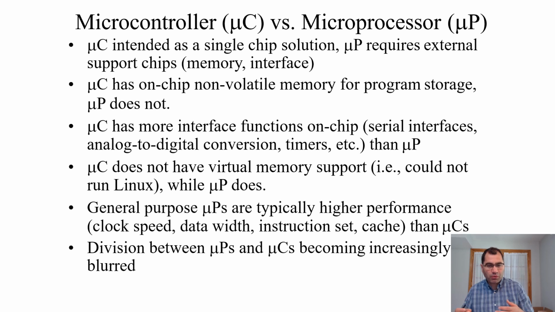Nowadays we have 32-bit microcontrollers, and maybe even more, I'm not aware of. Maybe they have 64-bit microcontrollers. We have 32-bit microcontrollers, and they are very, very fast. So there are still differences, but those differences are getting smaller and smaller.